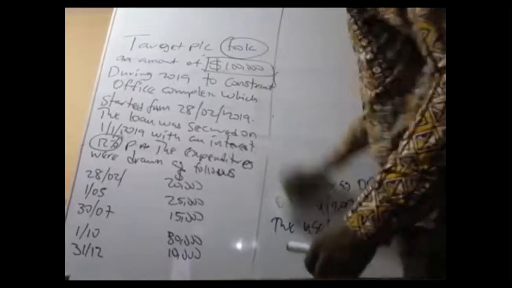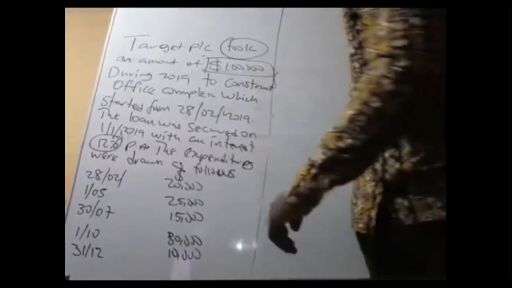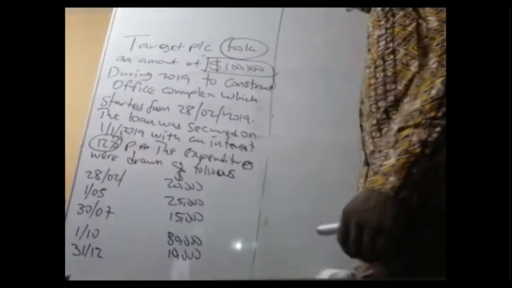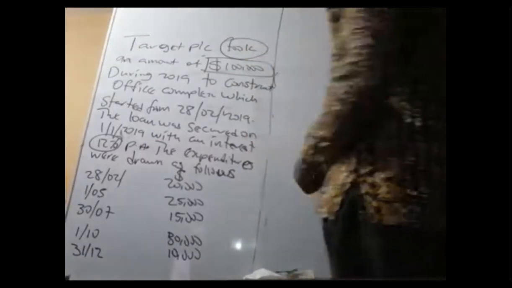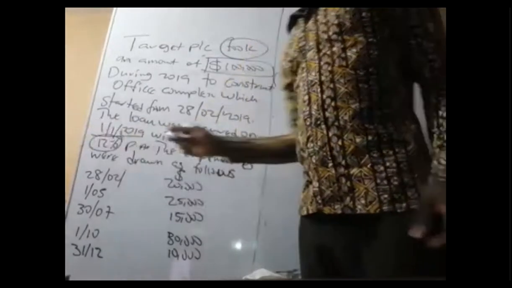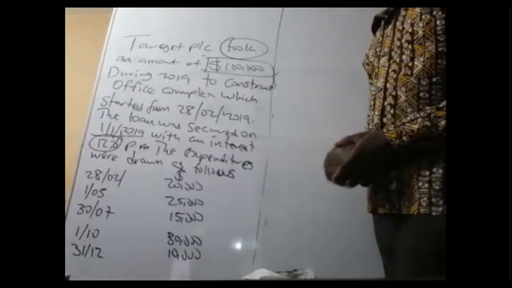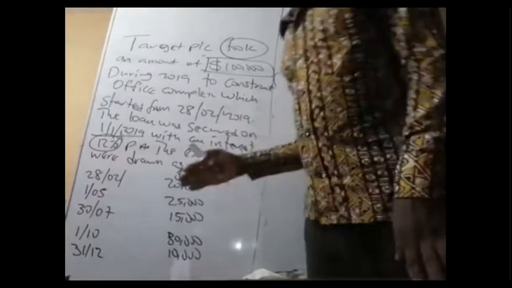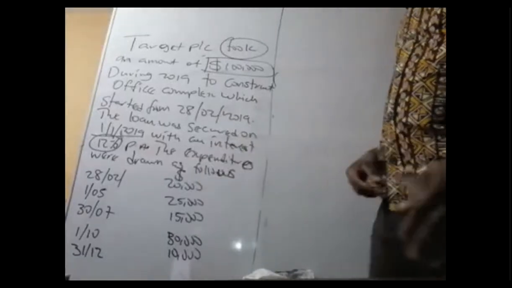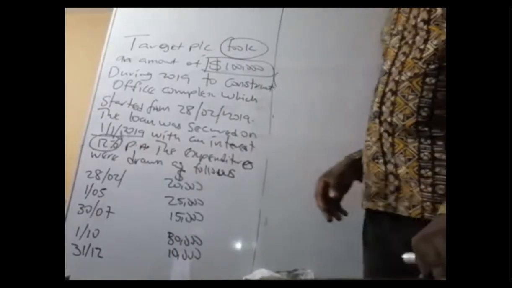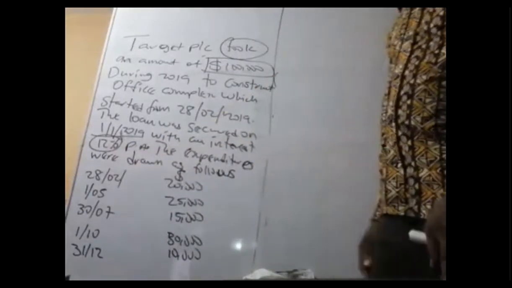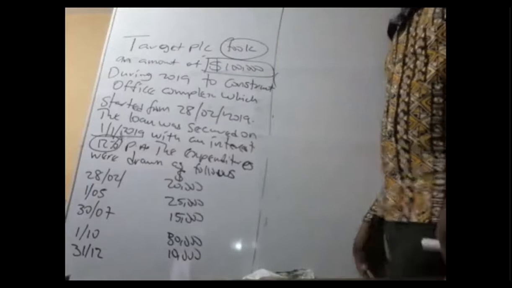So take note. First, let's apply the three conditions. Now, the loan, they took the loan when? 1st of January 2019. But the actual construction kicked off from where? 28th of February 2019.